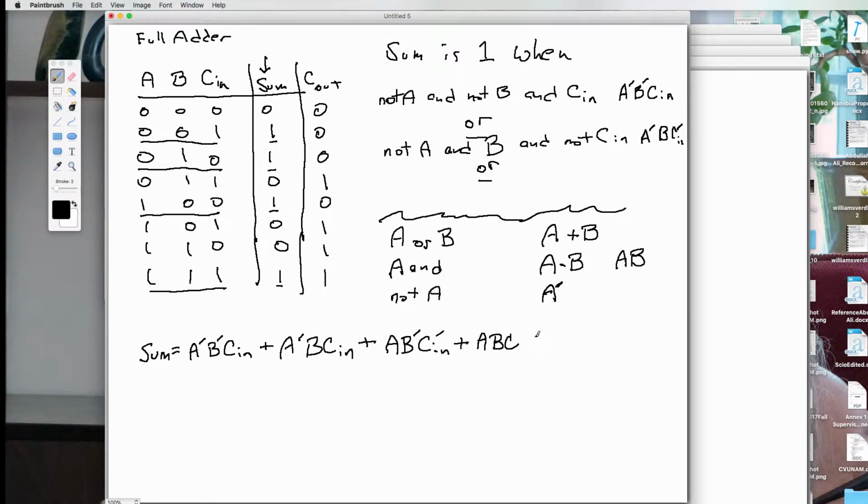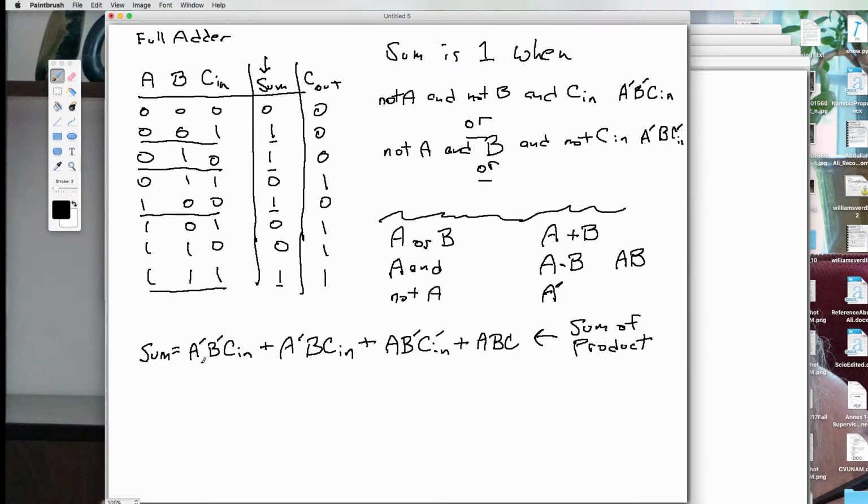And this form that we have over here is sometimes referred to as the sum of product form.